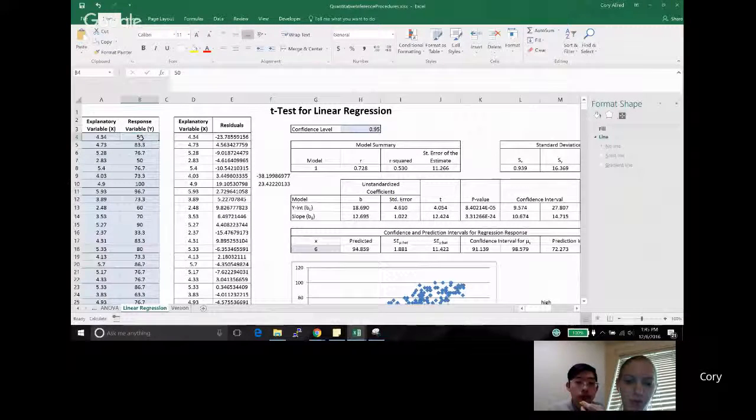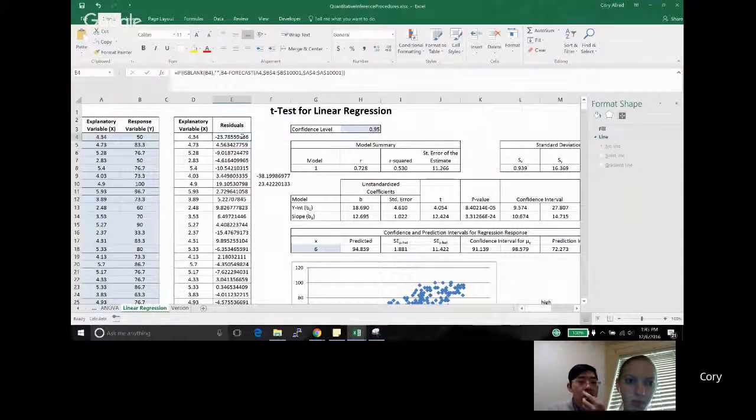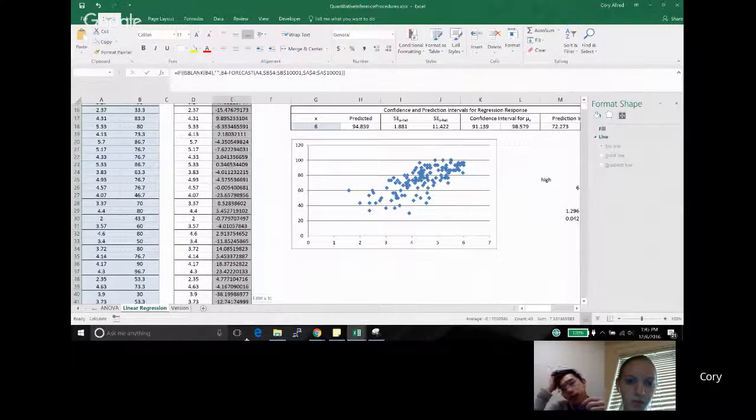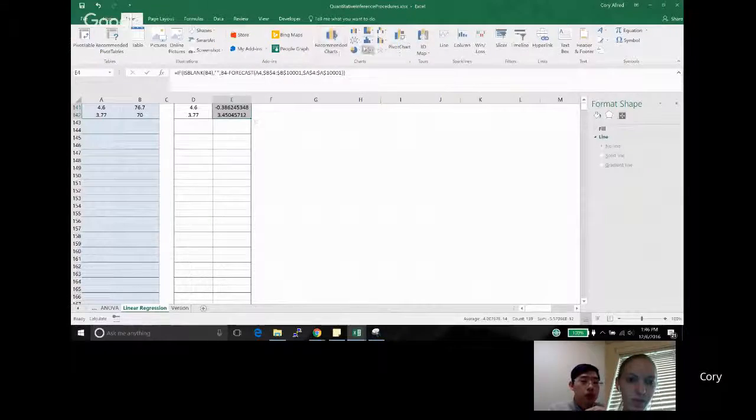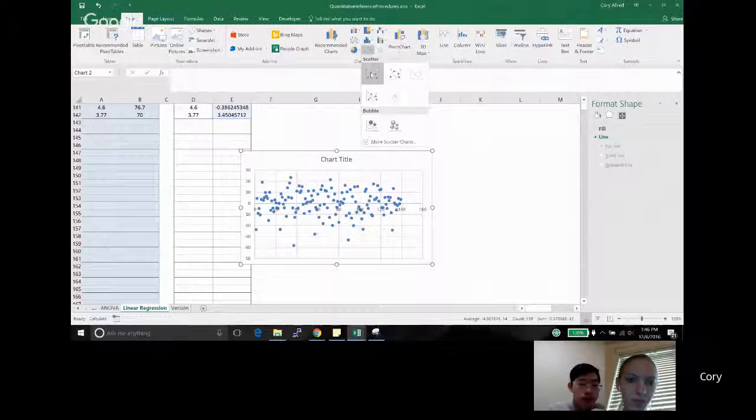It says in the directions to put the scores as the y variable, and the other one is the x. What I did is I highlighted all the residuals that it calculated, and then I came to insert, and this shows a scatter.